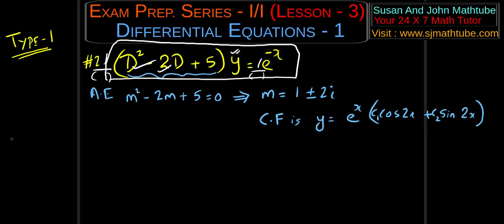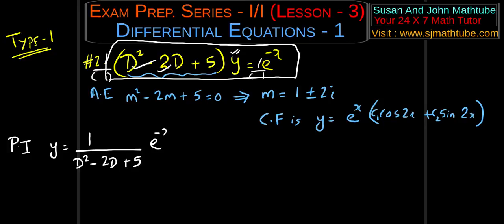That is called the particular integral, and the particular integral is y is equal to 1 by, you can read that given operator, of e to the power minus x.